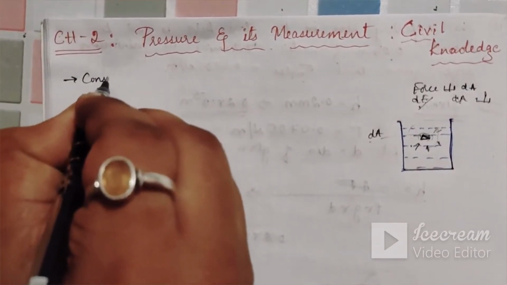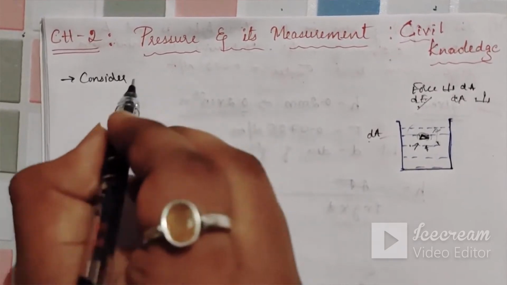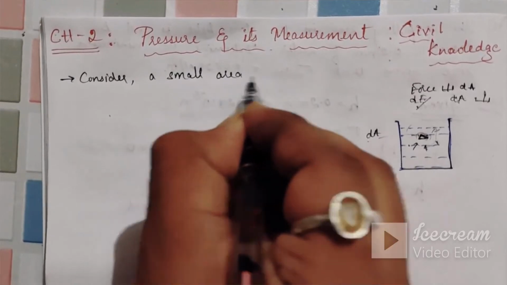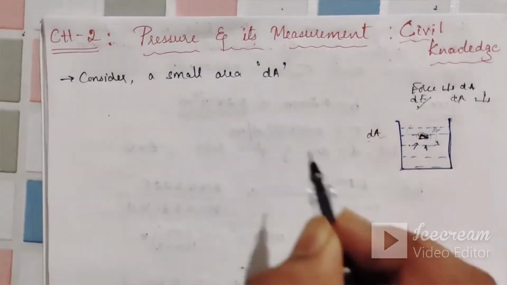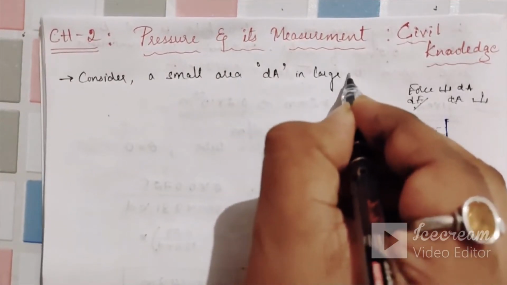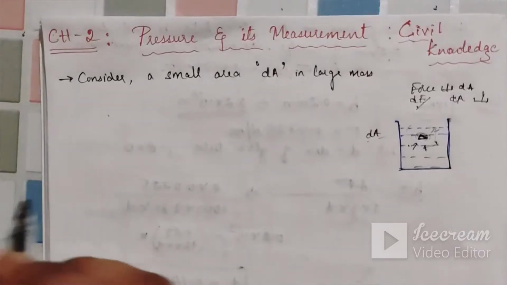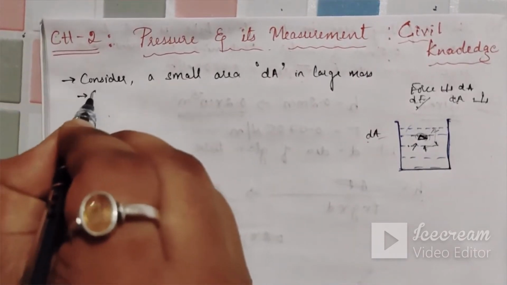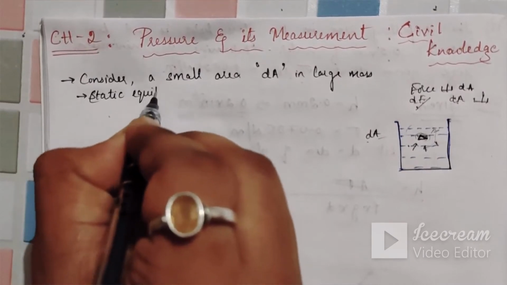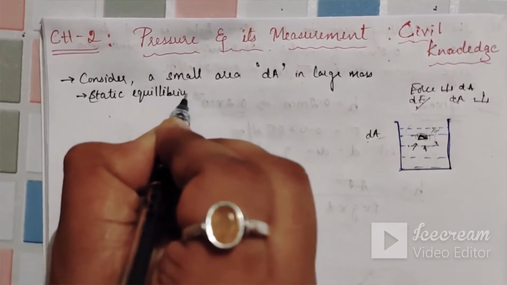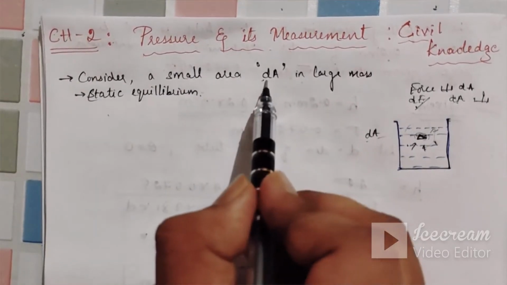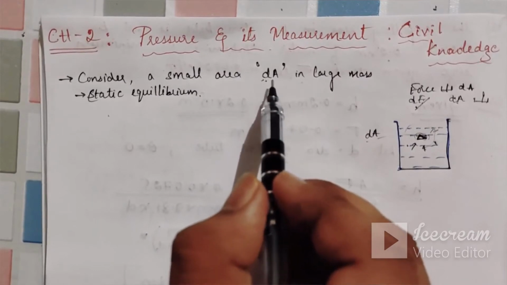What we will do, we will consider a small area dA in the large mass of liquid which is in static equilibrium. It is not flowing. I want to tell you that the water is not flowing. It is in static equilibrium. So I consider a small area dA.